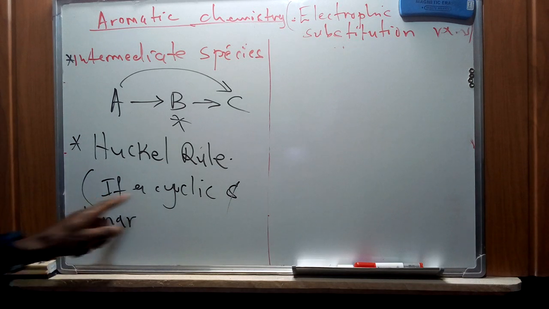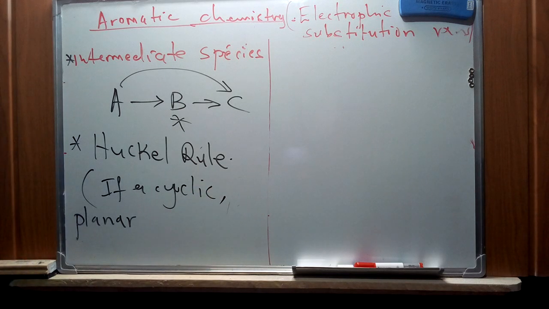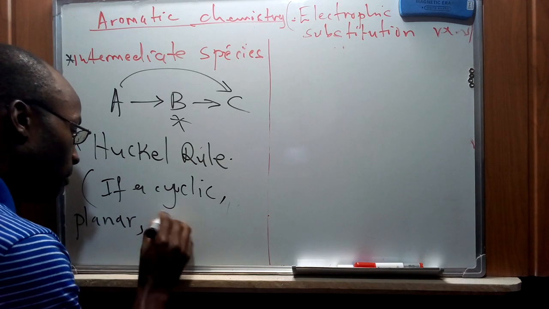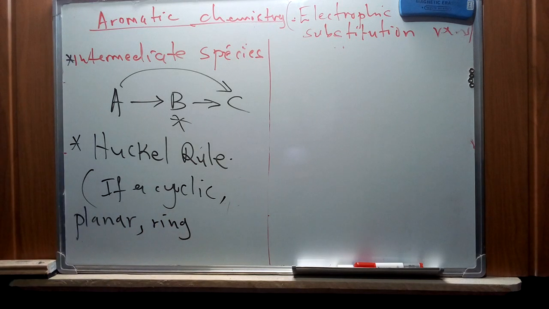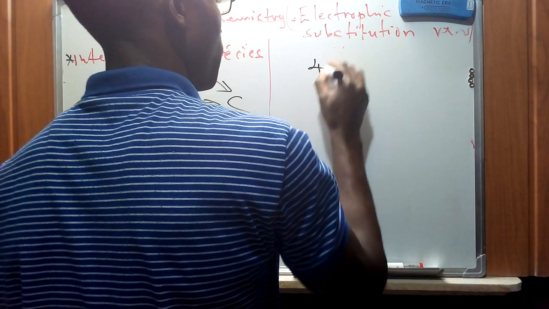So if a cyclic planar ring molecule, there are three terms here, will have aromatic properties, it will have the number of pi electrons given as 4n plus 2.